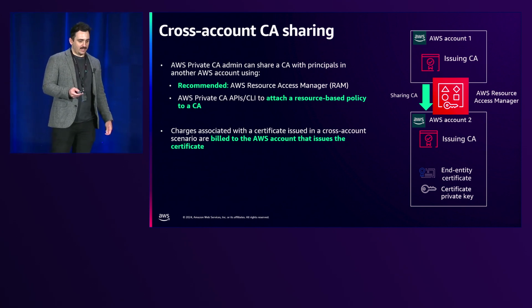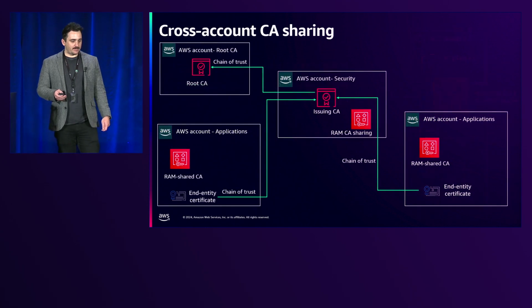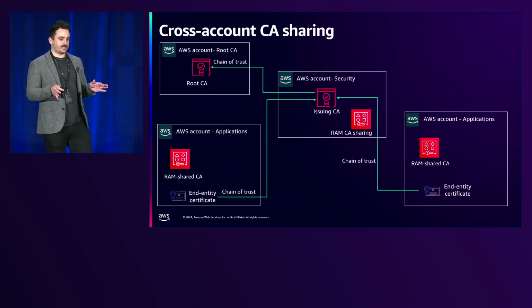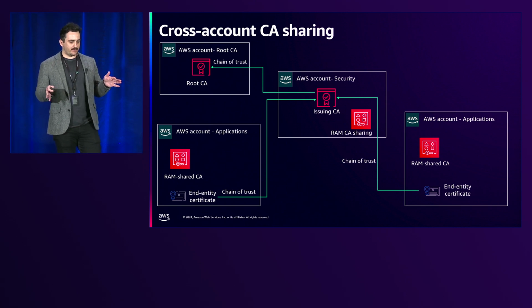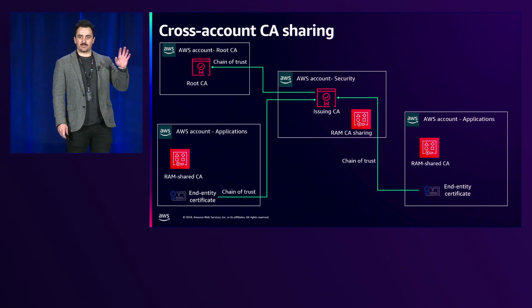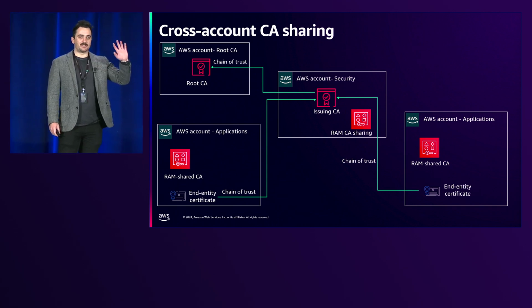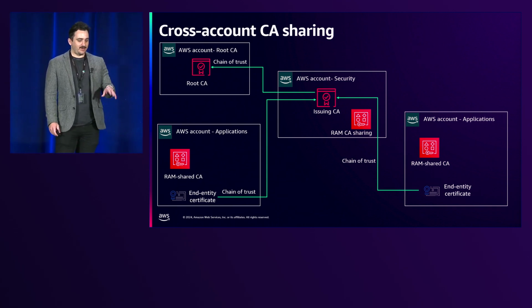Right here we have a reference architecture that illustrates what cross-account certificate authority sharing looks like in practice. As we talked about, best practice is having your root certificate authority off on its own AWS account and disabled and all that good stuff. Then you have your issuing certificate authority in the middle here in the security account.